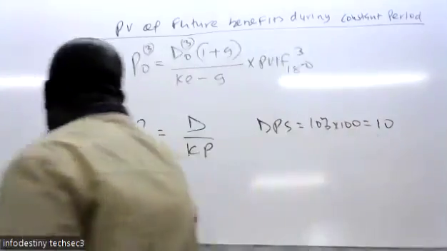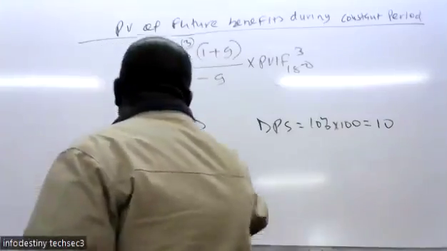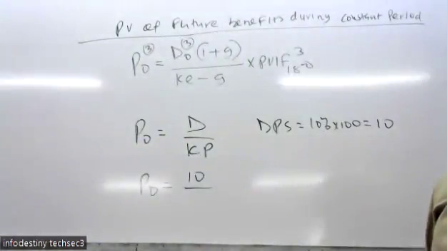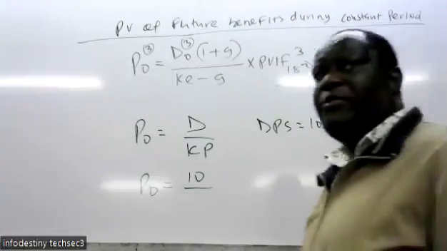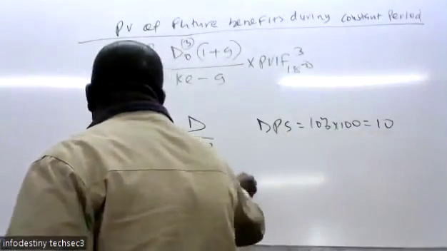So now to compute our P0, D is 10. KP is the cost of the preference share. They said that the minimum required rate of return by the investor is 8%, which is the same as 0.08.